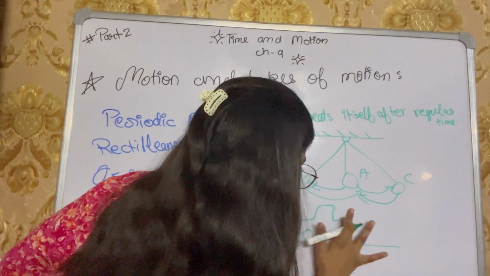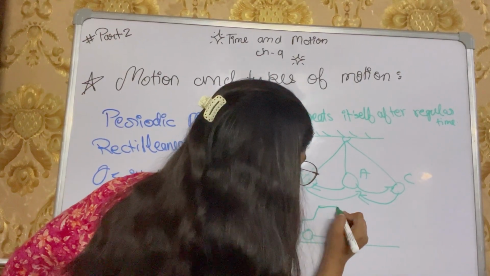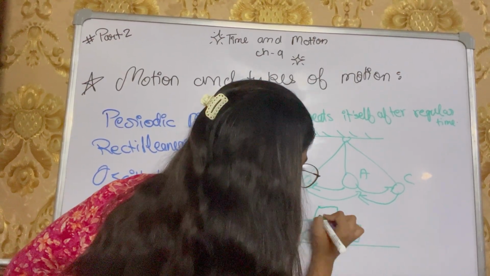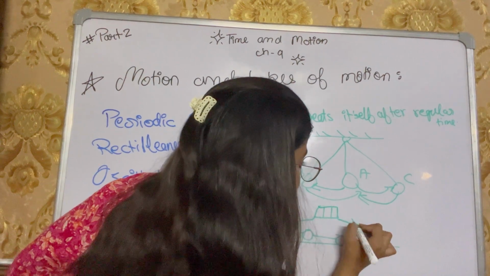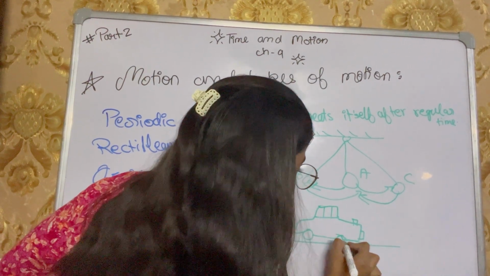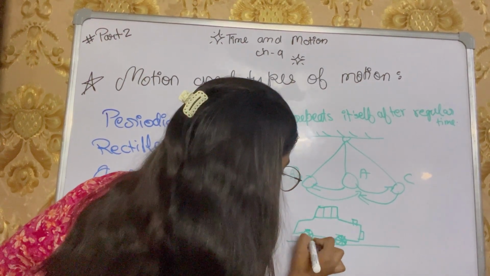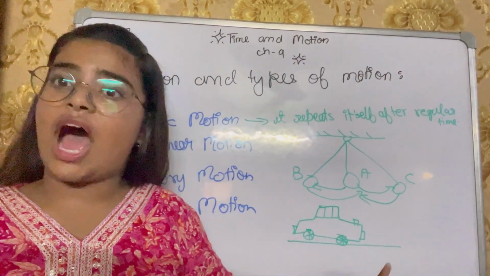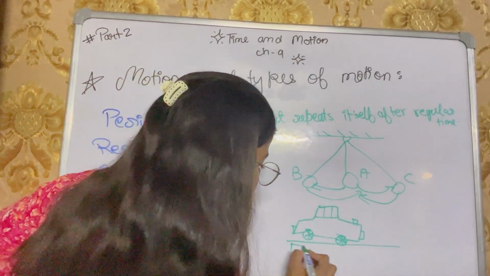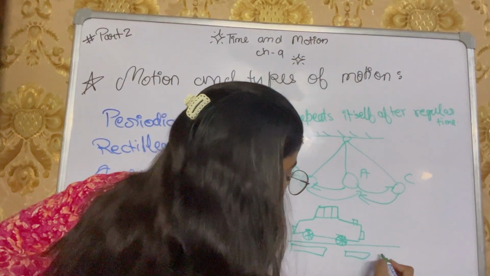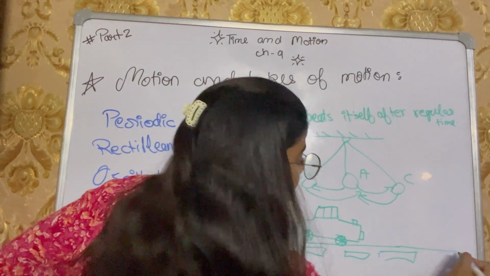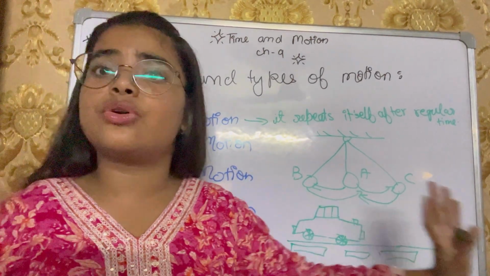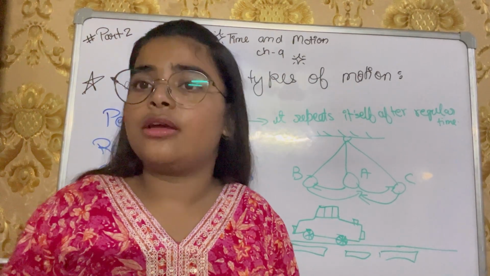The wheels of this car are having a rectilinear motion. It is going on a straight line path, no curve, nothing, but going in a straight line.